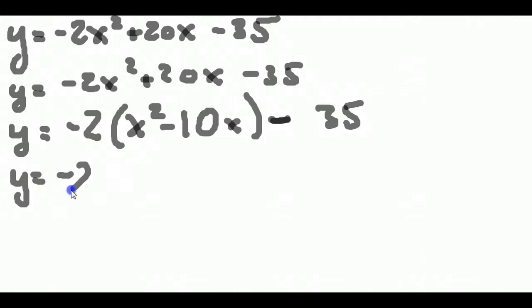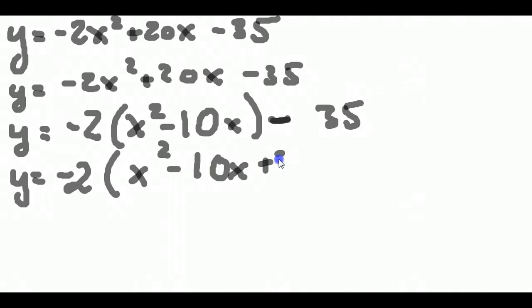Yes, so negative 2 open, x squared minus 10x plus 25 closed. See that 25 is impacted by that negative 2. So we need to take that negative 2 and put it on what we add to the last term, our k term. So we have minus 35, right?